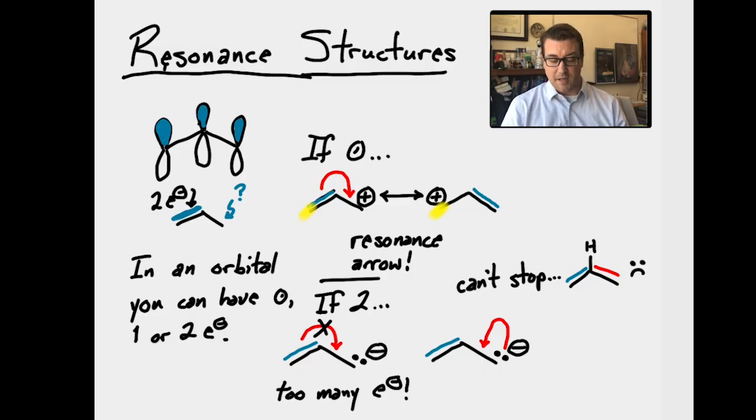It's not acceptable under most circumstances, and certainly in this class it's unacceptable. And so we have to continue pushing this electron density all the way onto the terminal carbon. So we go from this bond to the terminal carbon, and again we draw a resonance arrow.